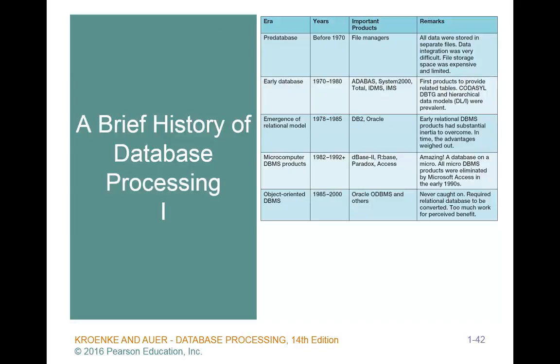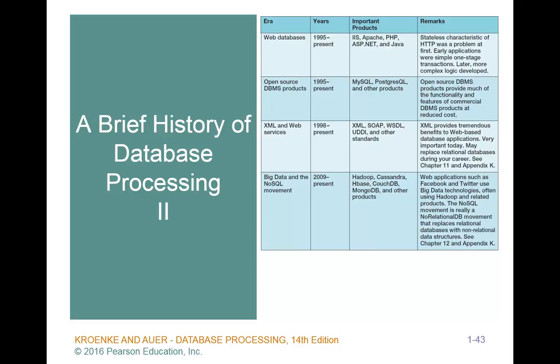And lastly, the last set of slides here has to do with the brief history of database processing. Notice we go from pre-1970 all the way to the present. Understand the history.